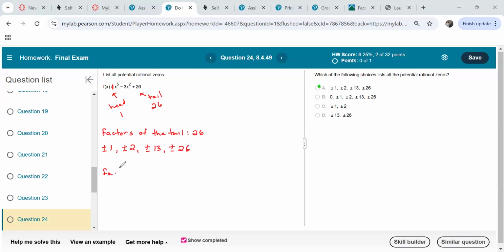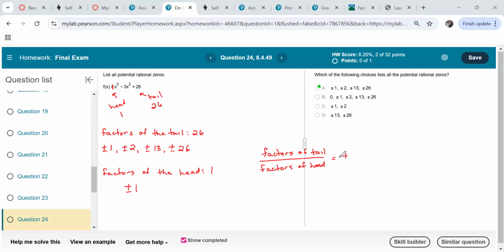Then I also need factors of the head. My head is 1, so this one's easy. I have plus or minus 1. So I'm looking for my potential zeros. They're going to be factors of the tail over factors of the head, because the silly snake puts its tail over its head.